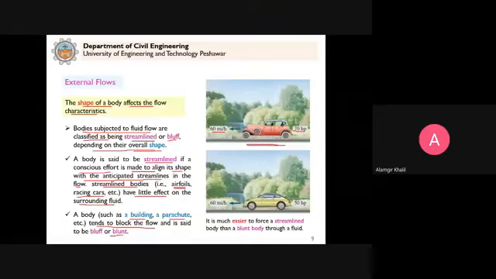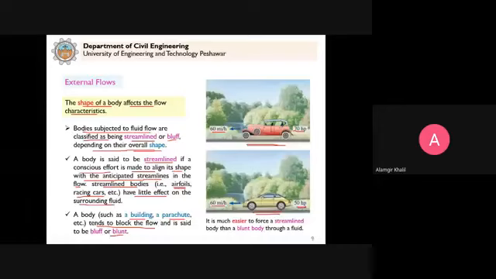But if we can streamline a body such as shown here, another car, then to move this car with the same speed of 60 miles per hour, see the speed is the same, you only require 50 horsepower.